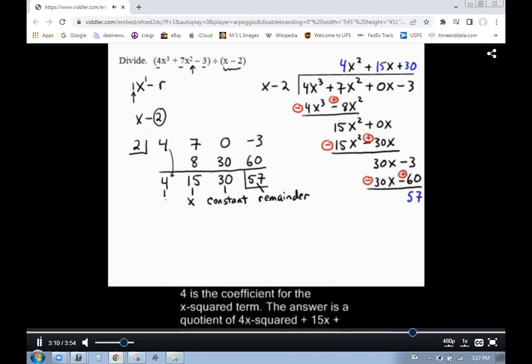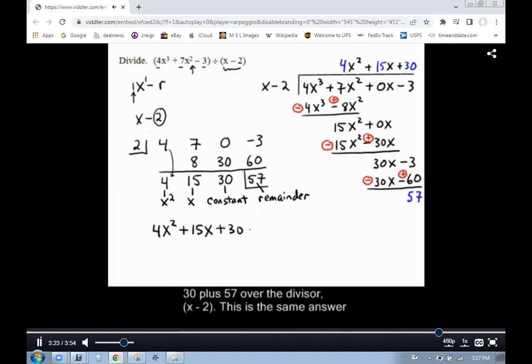And the number 4 is the coefficient for the x squared term. The answer is a quotient of 4x squared plus 15x plus 30 plus 57 over the divisor x minus 2. This is the same answer we got in an earlier video using long division.